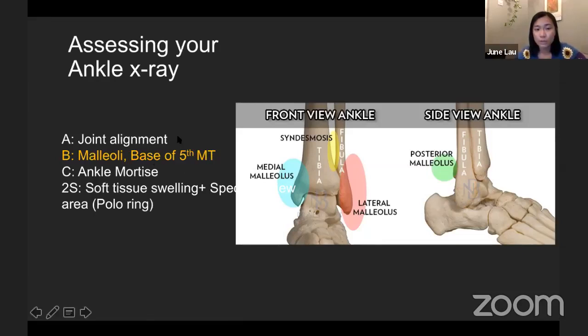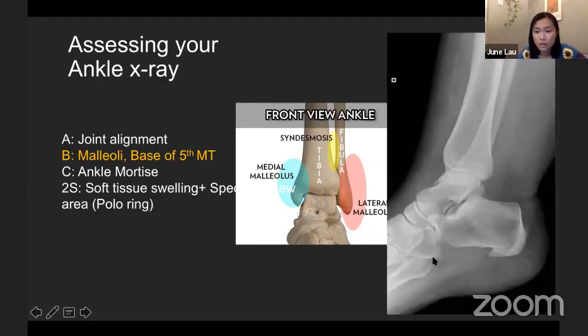One of the things I will highlight is that there's another bone that's commonly seen in the ankle. When you do a lateral view of the ankle, like in this case, you can sometimes see your base of fifth here. When people invert their ankle, it's very common to fracture this at the same time.